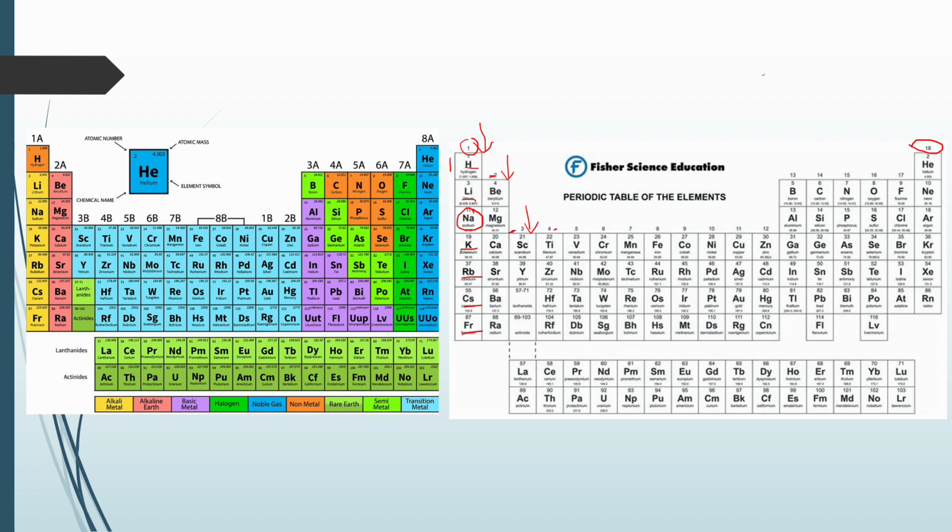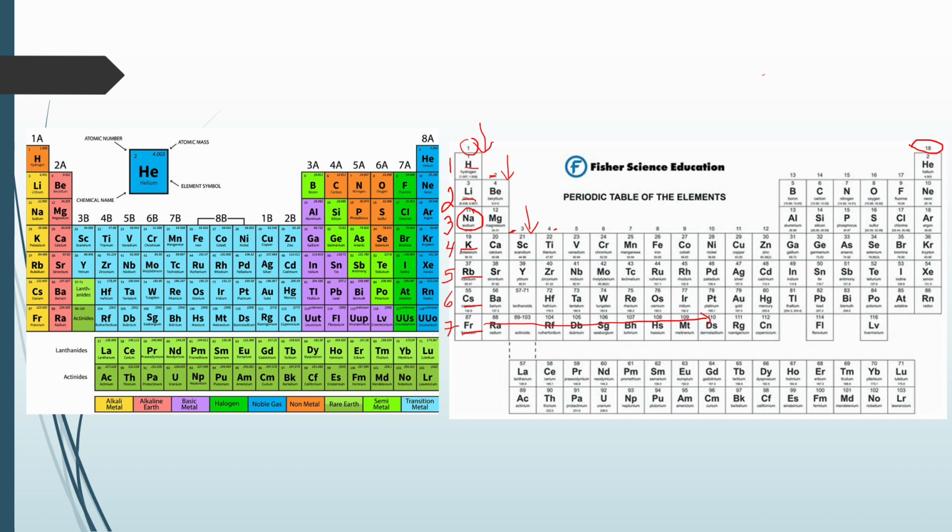Hydrogen begins period 1, lithium begins period 2, sodium begins period 3, potassium begins period 4, rubidium period 5, cesium period 6, and francium period 7. Remember, your periods go across horizontally, and you could be asked, okay, find iron.